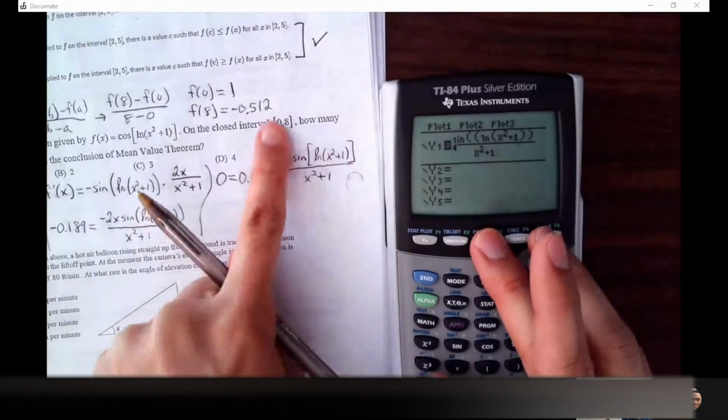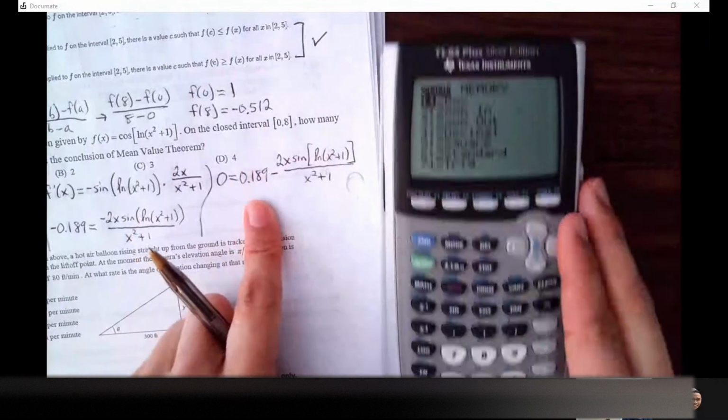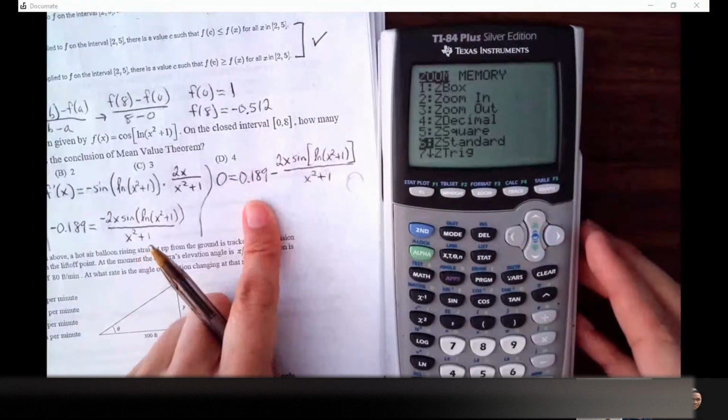I know I'm looking for a value between 0 and 8, so I'm just going to do zoom 6 and see if that will show up.